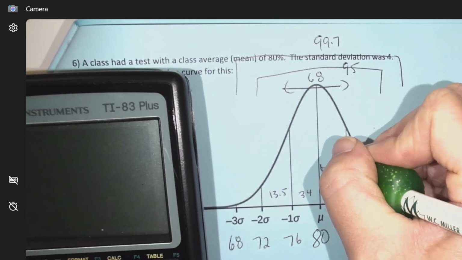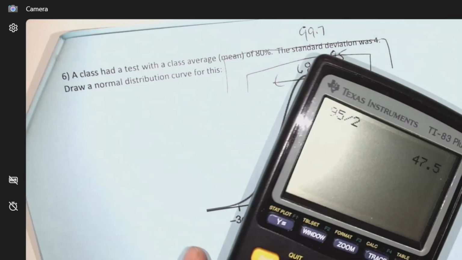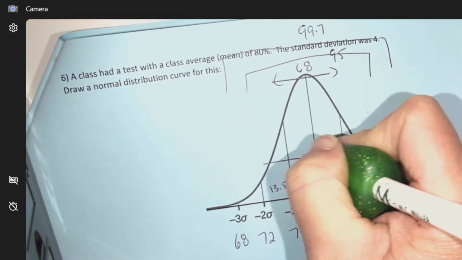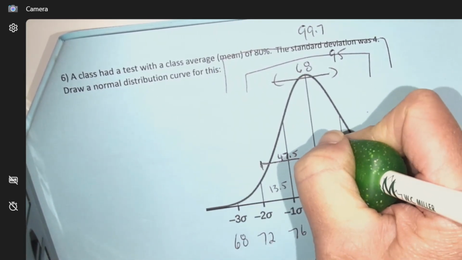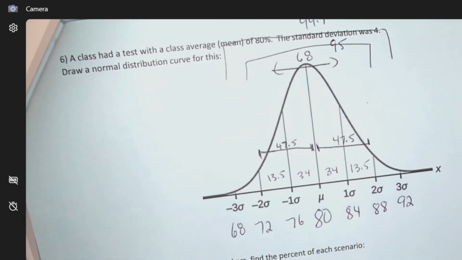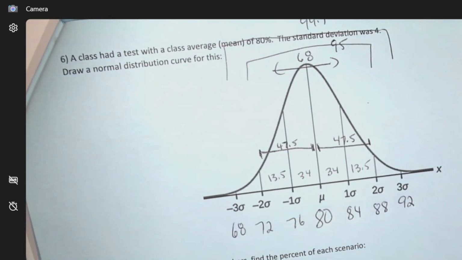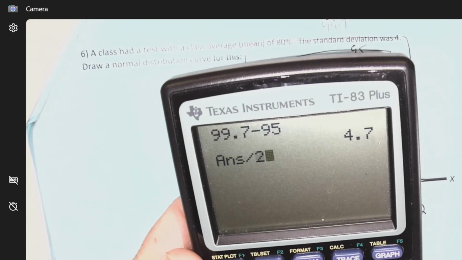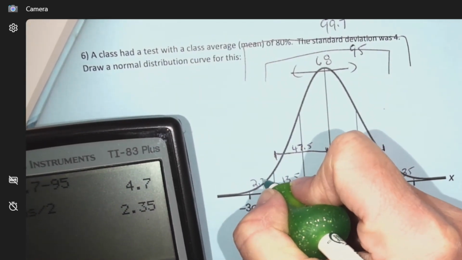Or you can tell that this is 95 divided by 2, which is, this part is 47.5. Okay, I'm going to go 99.7 minus 95. And then divide by 2 means this is 2.35, 2.35.